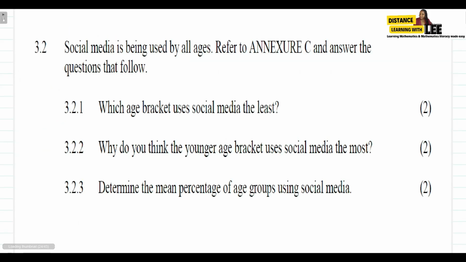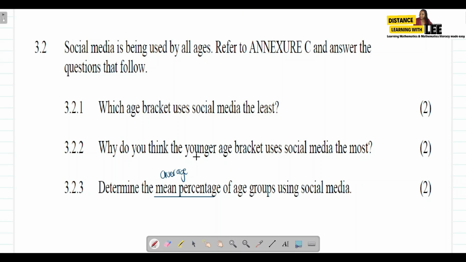Let's have a look at the last question. Question 3.2.3. Determine the mean percentage of the age groups using social media. Guys, we know when they want the mean percentage, they're basically saying determine the average percentage. And how do we determine the average of any data set?